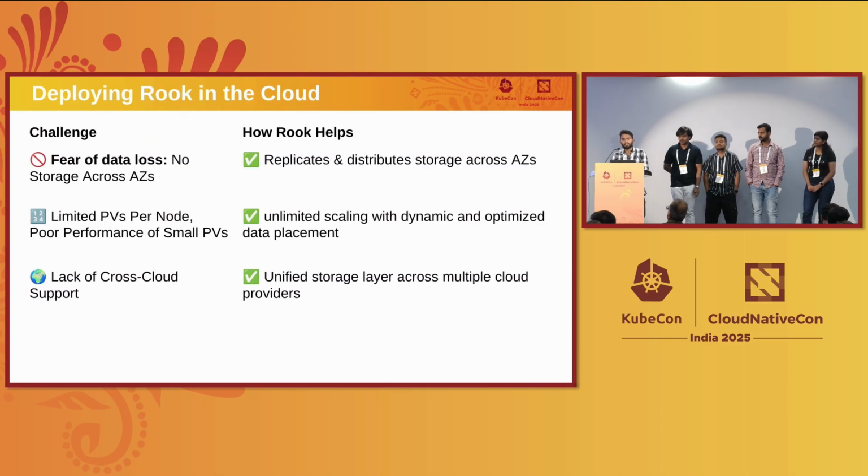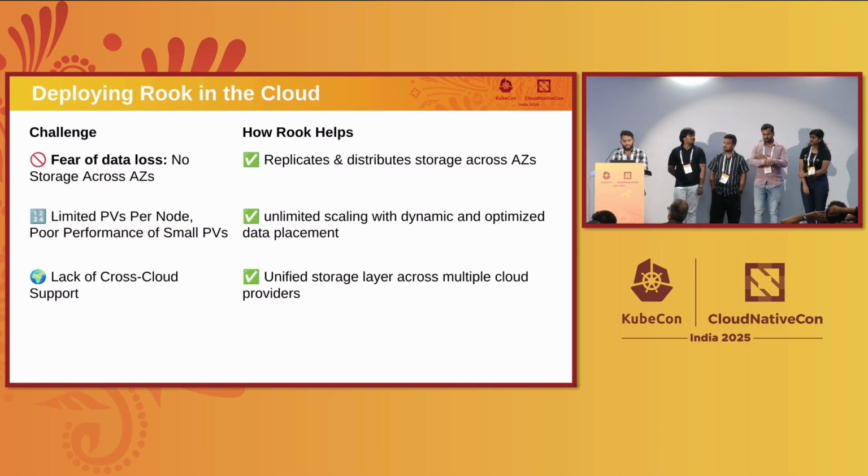When as a user you deploy and have data in the cloud, you have some challenges, like fear of data loss. Rook Ceph helps in this case by replicating your data and spreading it across multiple availability zones or failure domains.